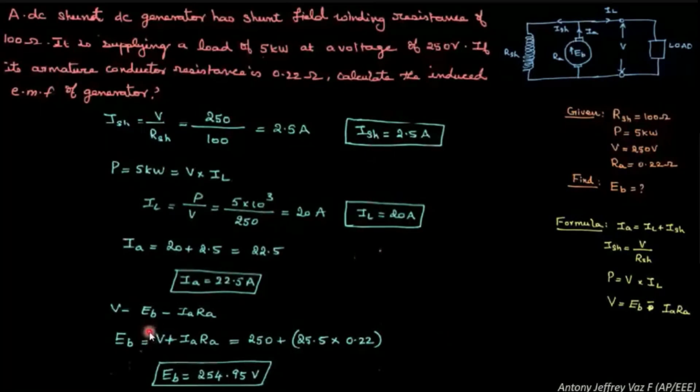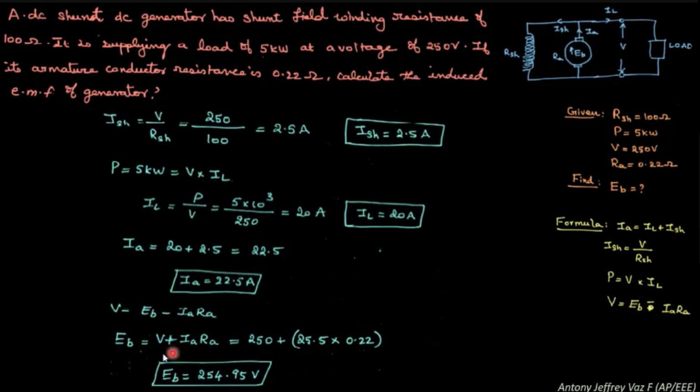Now you will find the back EMF EB. You can take this EB out. So EB is equal to V plus IARA. So this is a generator, so the generated EMF will be high. So you can name it as EB or EG, because for a generator you can make it as EG also. EG is equal to V plus IARA.